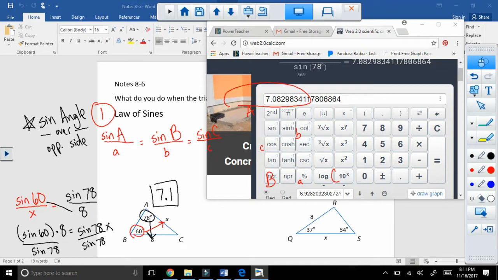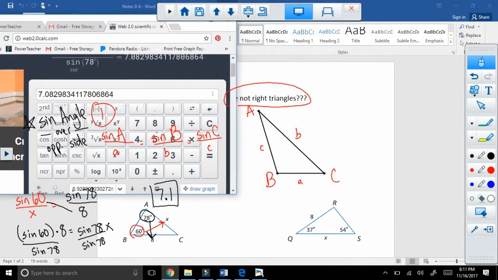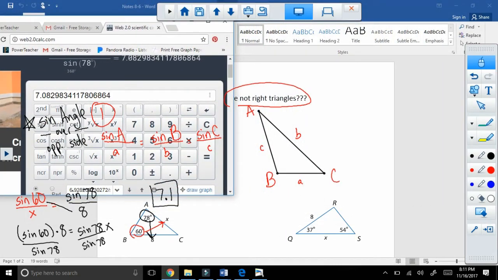For this next one, again, I'm looking at the sides and the angles that are opposite from each other. So for this one here, I have a little bit of a problem because 54 is opposite from 8, but I don't have the angle that's opposite from this side.